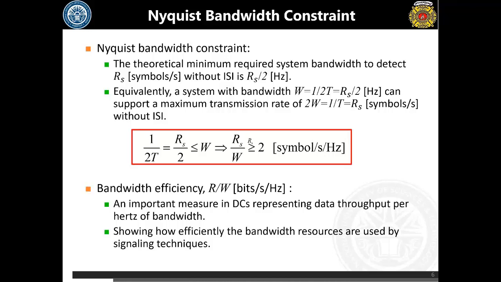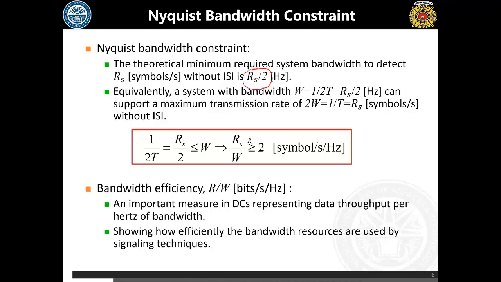It means that if we desire to transmit Rs symbols per second without ISI, the minimum bandwidth which we will require is Rs by 2. If we use bandwidth less than Rs by 2, it is not ensured that there will be no ISI. To ensure that there is no ISI, at least we need to have the bandwidth equal to Rs by 2.